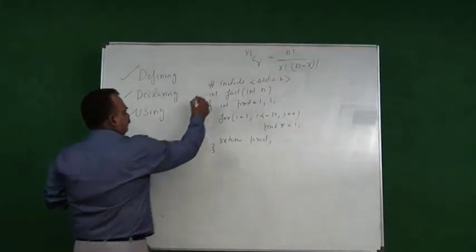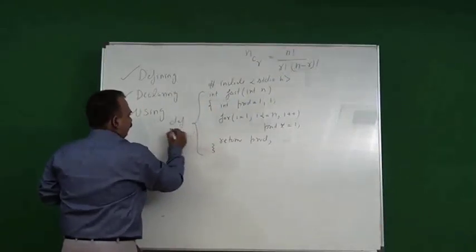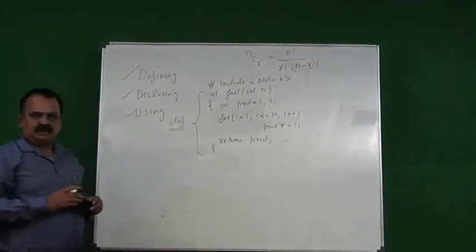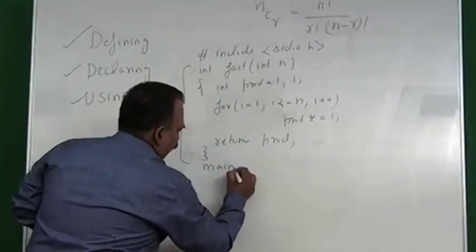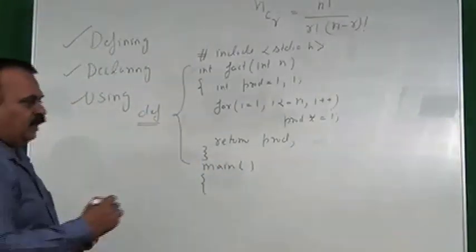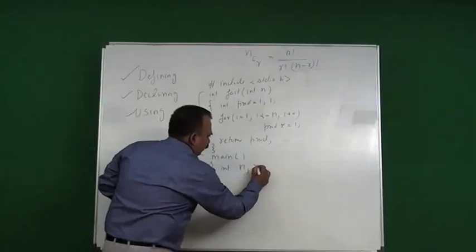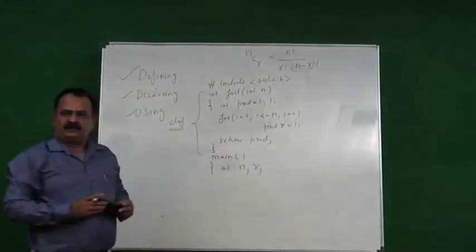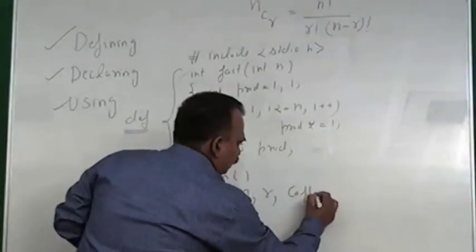Now this part is defining the function, or the definition of the function. Say, the main program. In the main program, I want to calculate the value of NCR. I need variables, one for n, one for r, and another one for the result, that is the coefficient value.